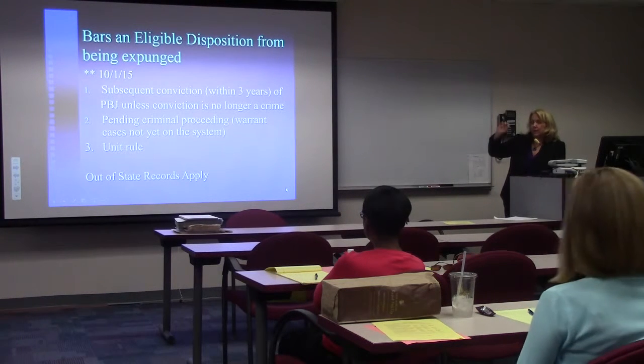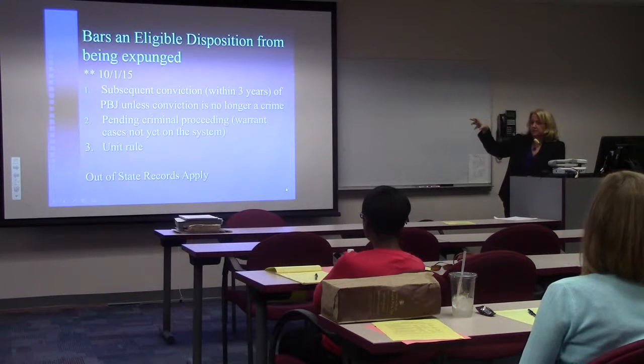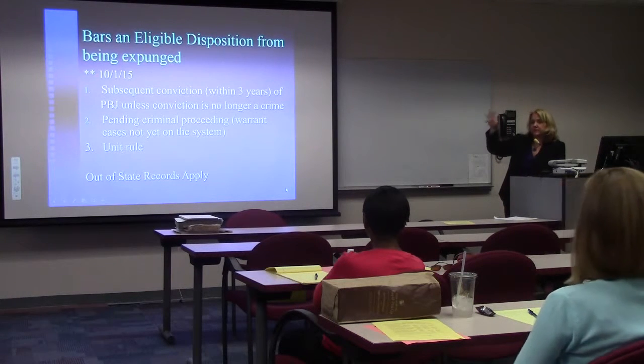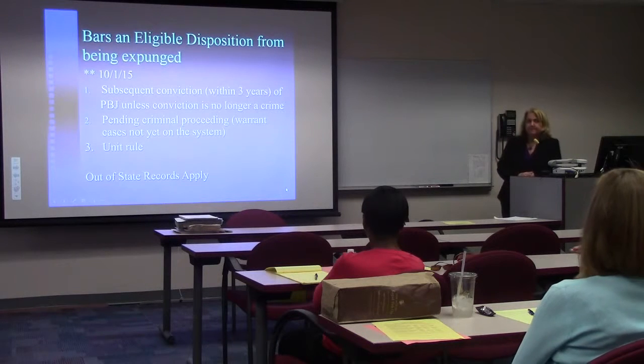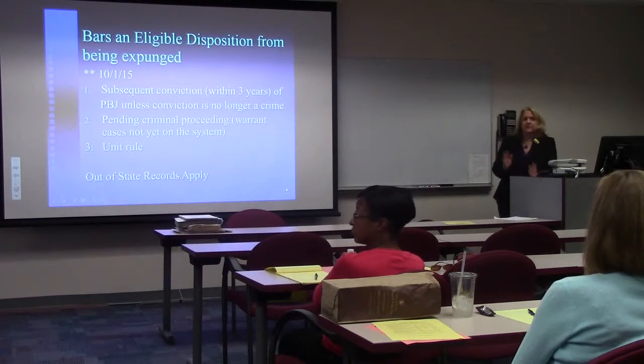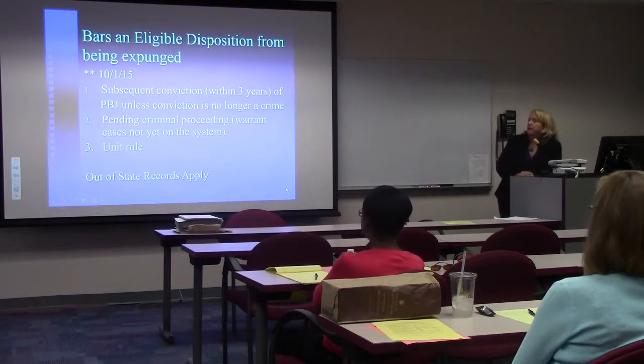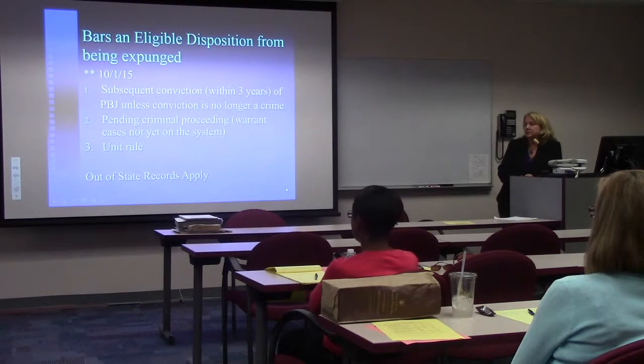All right. What changed was another provision in the law that said if you receive a subsequent conviction to a non-processed or PBJ, those 3 types of dispositions are no longer eligible to be expunged. Any questions? Okay. And then the other thing to keep in mind too is out-of-state records do apply.